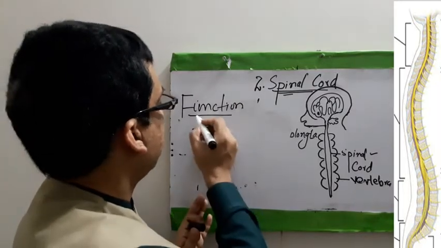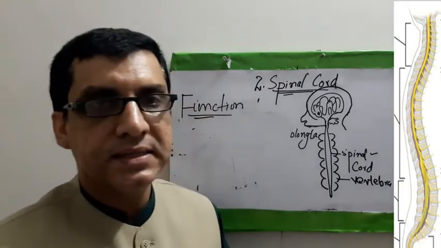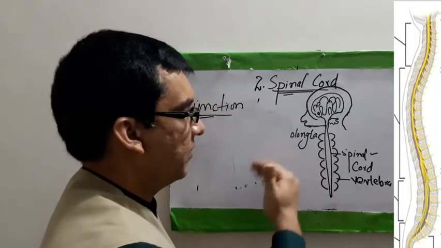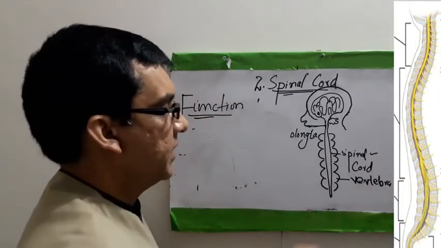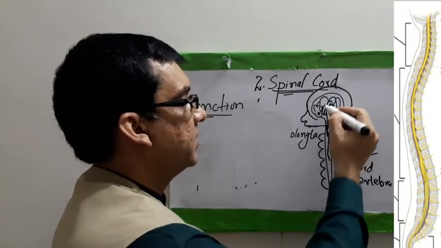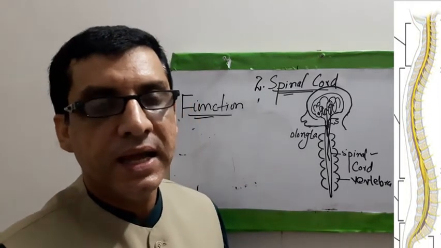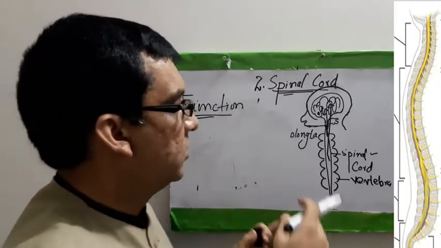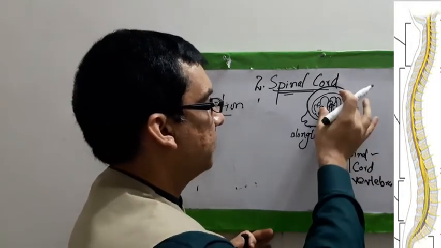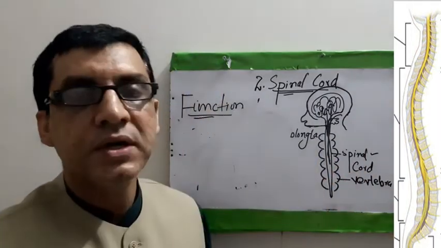The function of the spinal cord is that it takes impulse messages from the lower body region, from the left side and right side, and conveys them to the brain. The brain analyzes that stimulus and gives orders to the effector or muscle. The order taken from the brain by the spinal cord is then given to the lower body region.